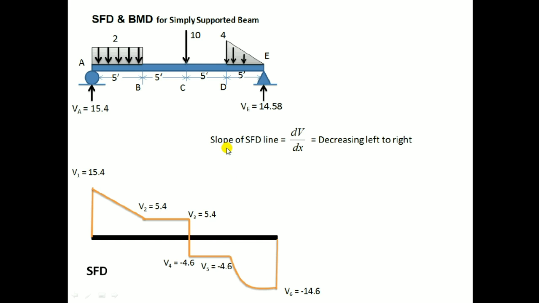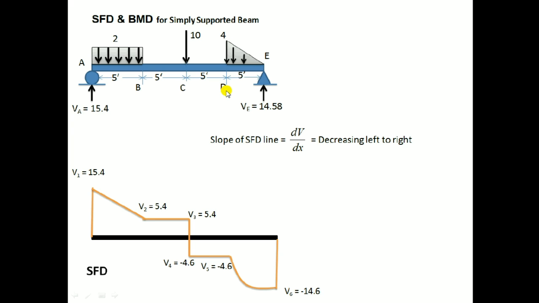How? The slope of the SFD line is decreasing from left to right. Because the slope is actually equal to the load, and here the load is decreasing from left to right.